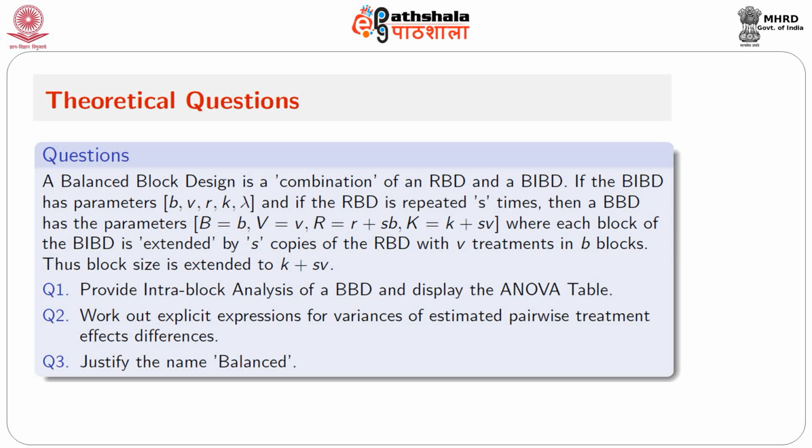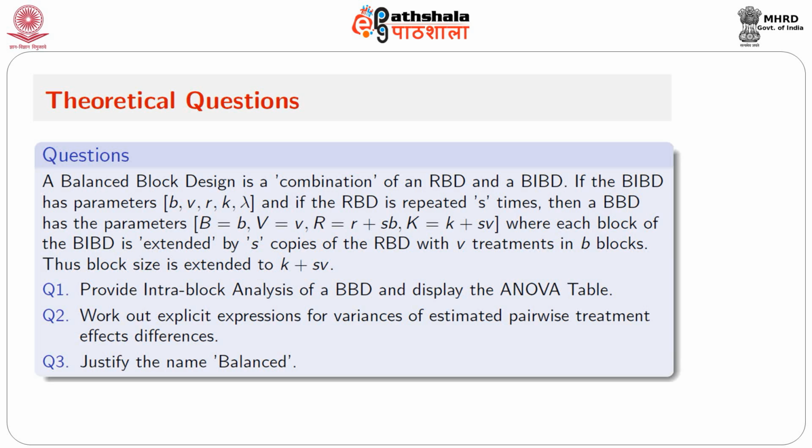Note that we are all the time talking about the treatment sum of squares adjusted and block sum of squares unadjusted. That is how you get it. Once you have the expression for the C matrix, you justify that the C matrix has all the positive eigenvalues equal, and therefore C plus has the same property.